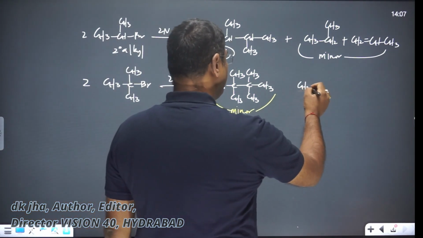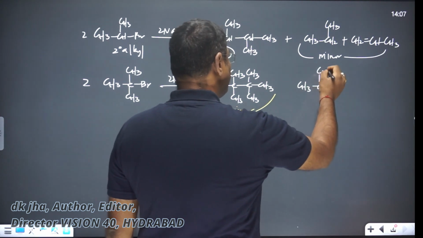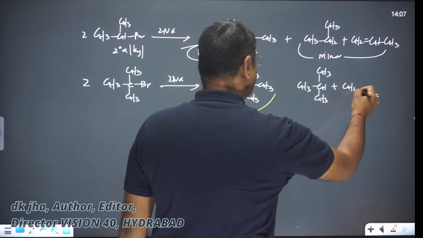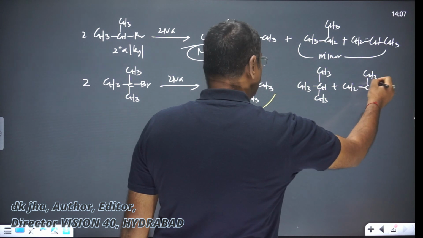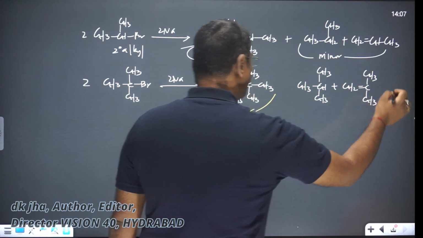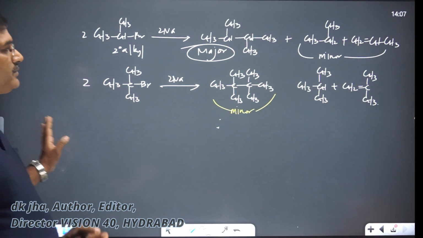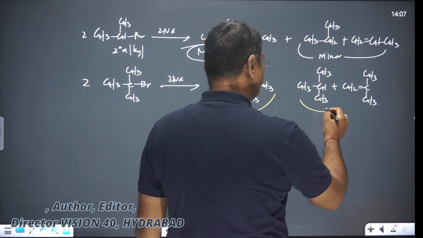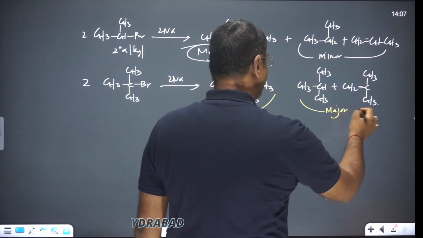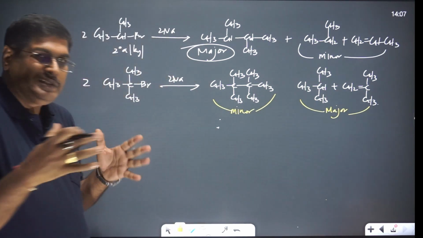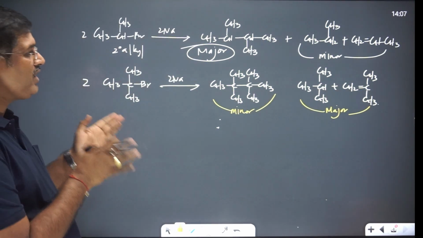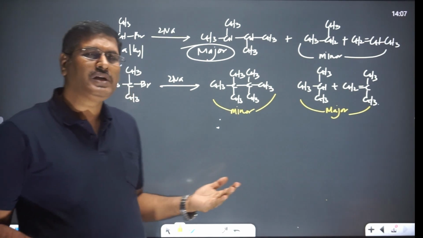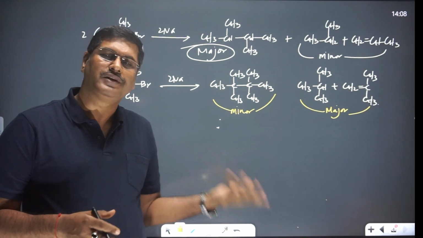And that's why the corresponding alkane and corresponding alkene are the major products. Remember, keep in your mind that these are major. So the Wurtz reaction, where coupling is the main stream of the reaction, is most preferred, giving good yield on the primary, then secondary, then tertiary. Okay?